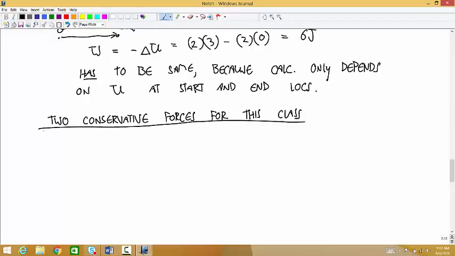The first one is weight. And the potential energy for the weight is equal to m times g times the height.